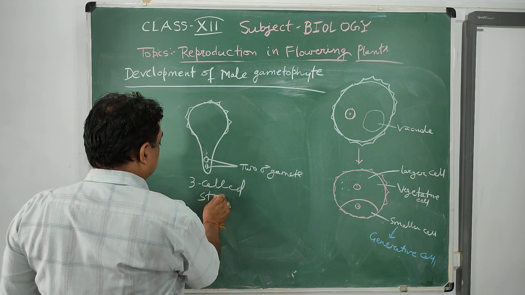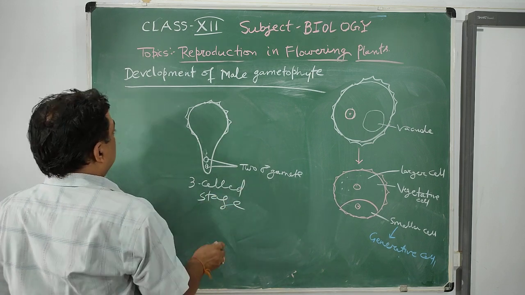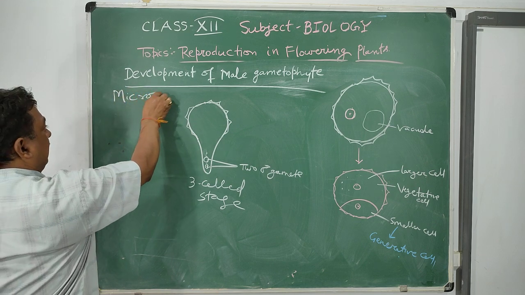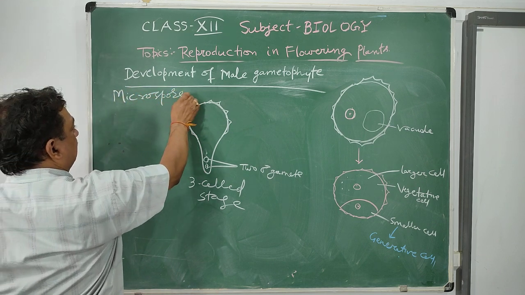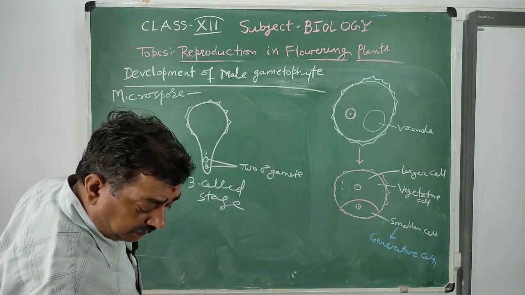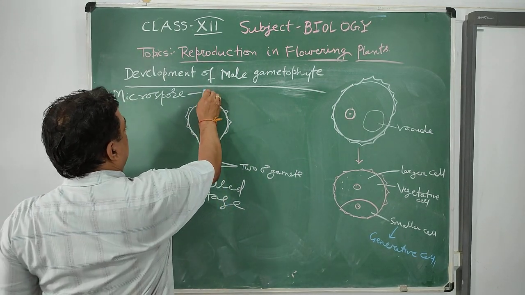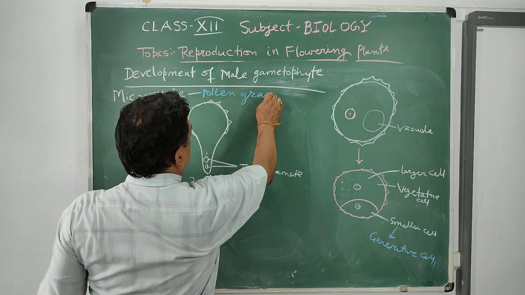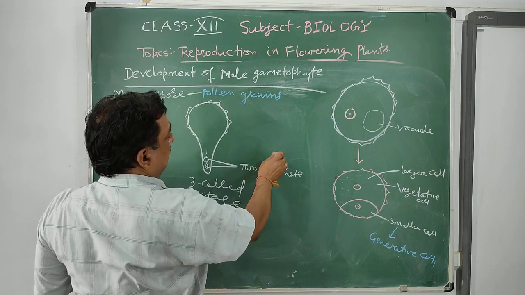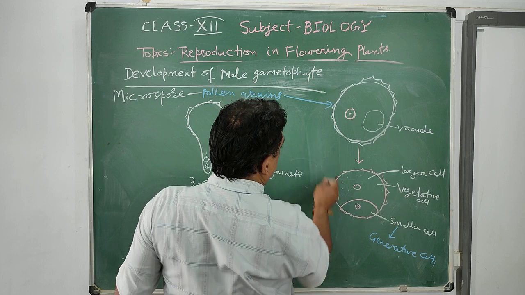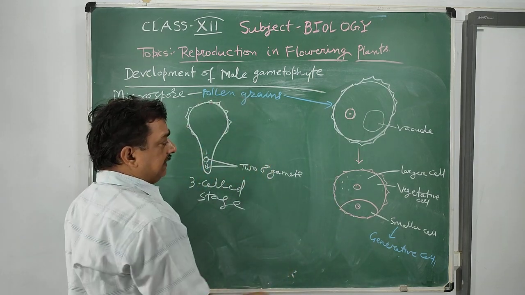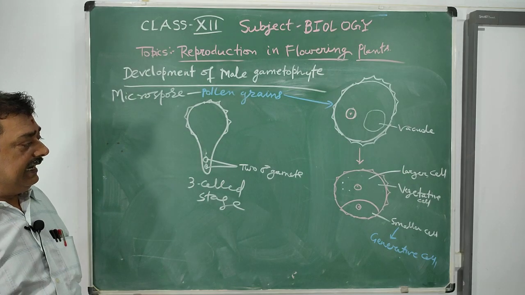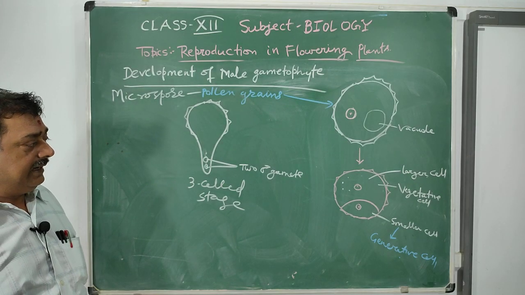So microspores form pollen grains, and pollen grains are released. Mature pollen grains divide by mitotic division to form two unequal cells, the vegetative cell and the generative cell.